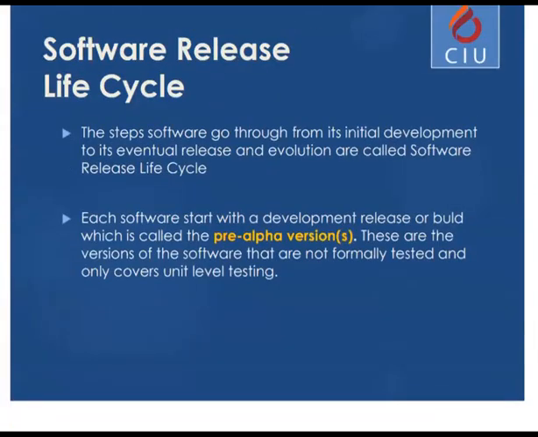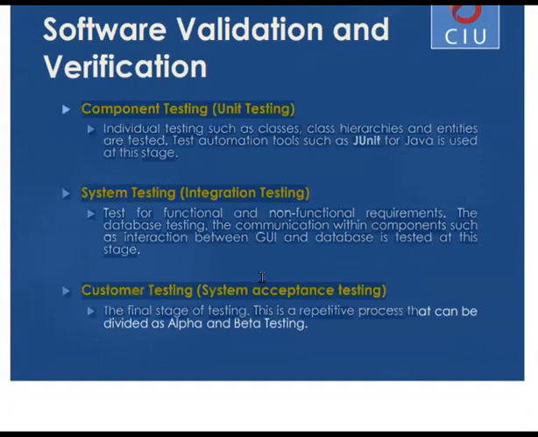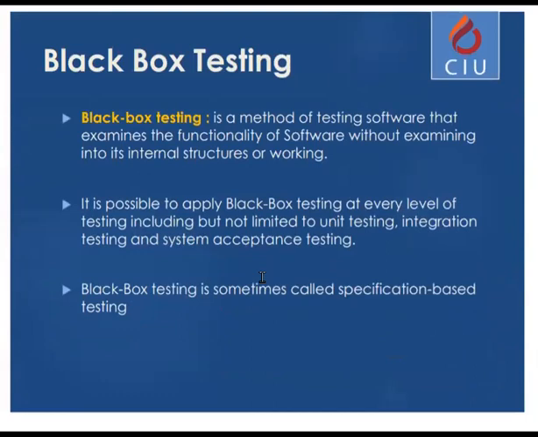In the early alpha or pre-alpha versions, you can test the component, the system, and the customer separately. But in black box testing, these have to communicate. The system should be tested as a whole, and that is the big difference between white box and black box testing. In black box, you take it as a whole. In white box testing, you can test those components, those units, separately. It is possible to apply black box testing at every level of testing, but this should be done as a whole.